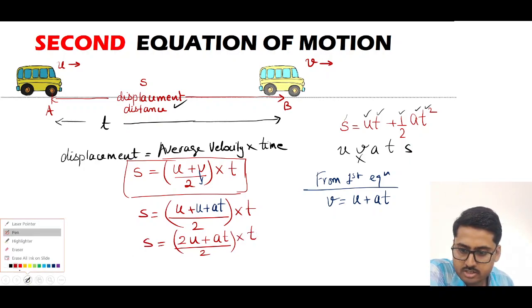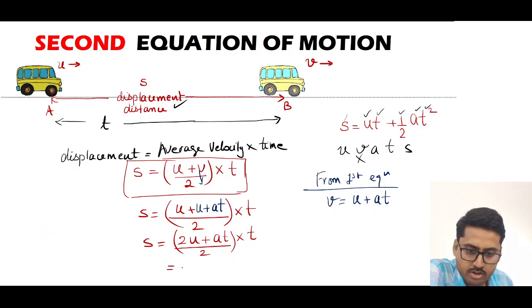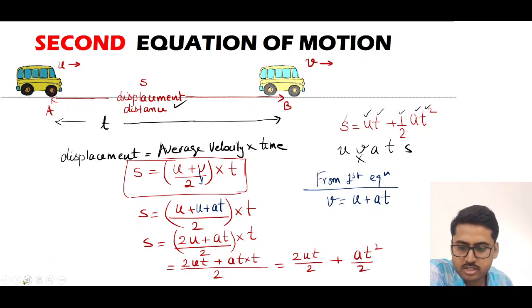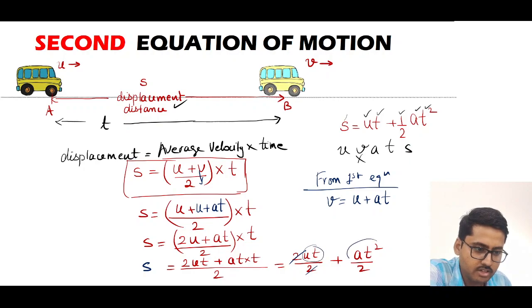So let us multiply further. I will get here 2ut plus at into t, divided by 2. I can simplify this further as 2ut by 2 plus at into t, which is at square, divided by 2. So you can see here the common factor 2 and 2 is cancelled out, and again we got the equation finally. So you can see here s equals ut plus half at square.